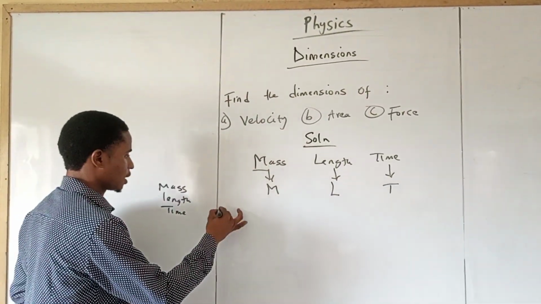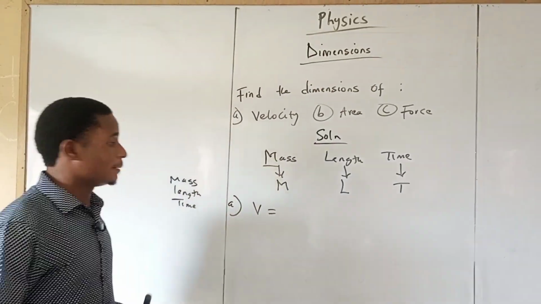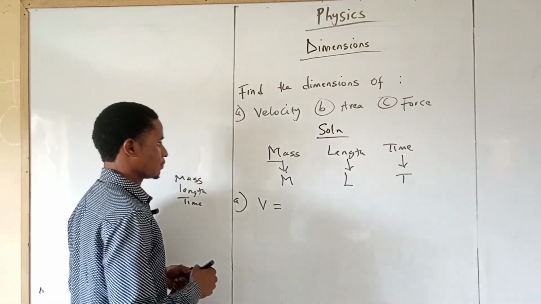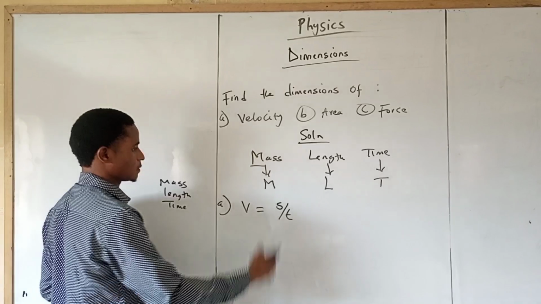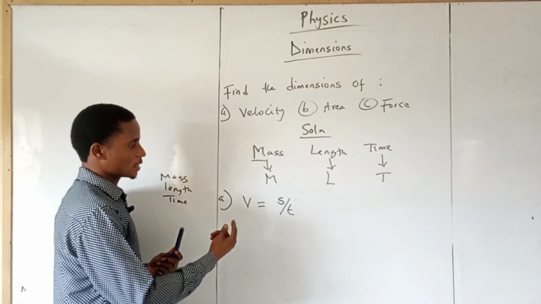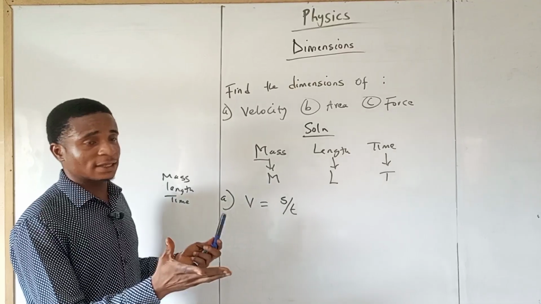So let's start. First of all, velocity. Normally, velocity can be defined as displacement over time. This symbol represents the displacement. And when we talk about displacement, it's just like saying distance covered by a body in a specific direction.